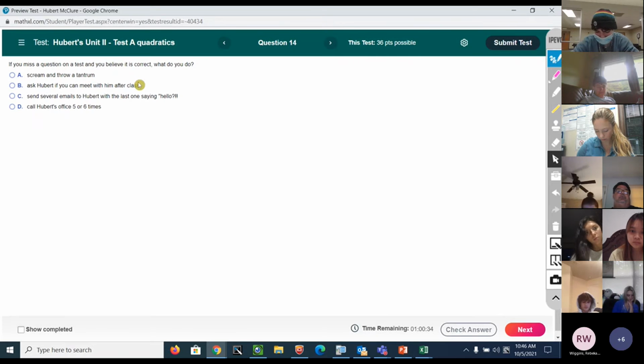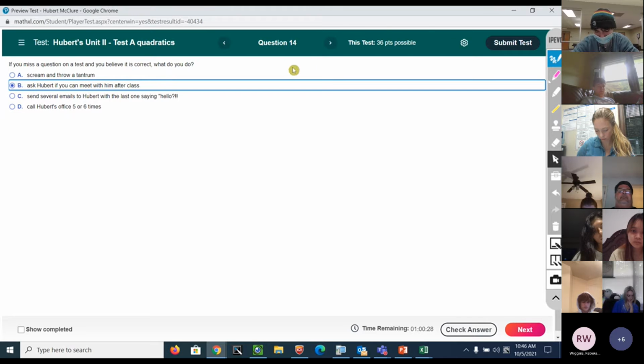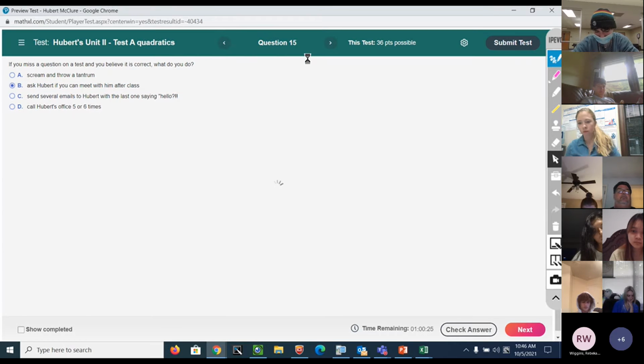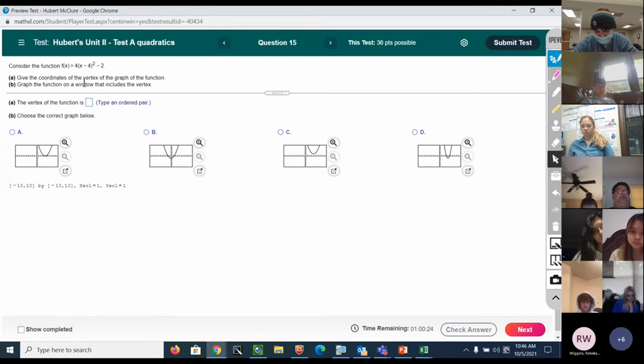If you miss a question on a test and you believe it is correct, what should you do? Ask to see Hubert after class. Consider the function blah, blah, blah. Well, we got a vertex of -4, which means 4 to the right and 2 down. Which one is 4 to the right and 2 down?